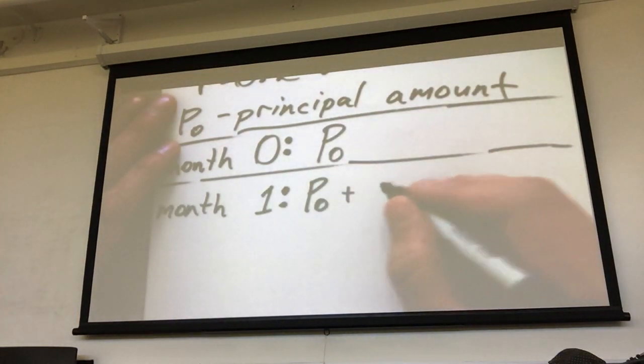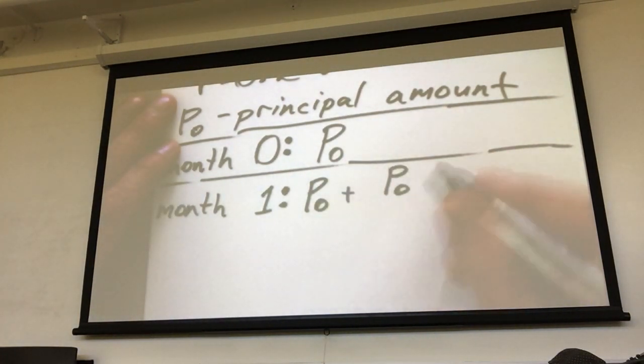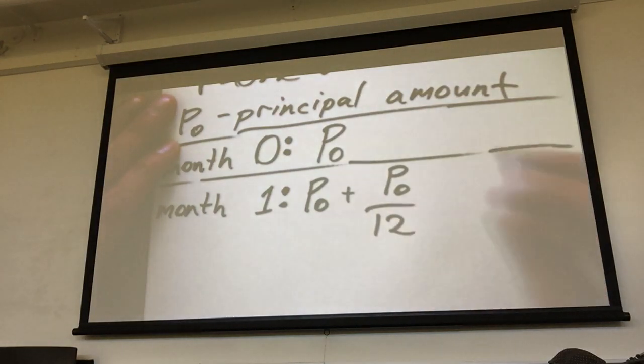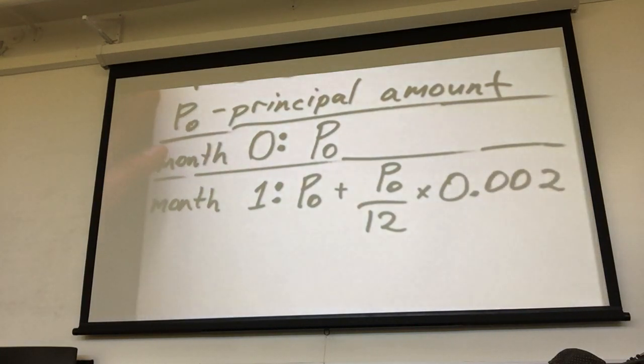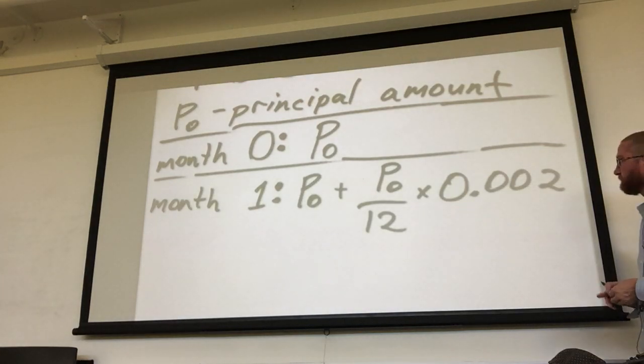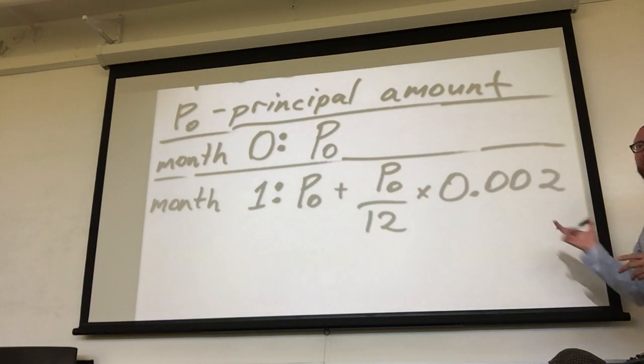It's going to add the principal divided by 12 and then multiplied by your interest rate. But if you turn that percentage into a decimal, that's 0.002. Because it was a 0.2% interest rate. So you have to move the decimal up 2 spots.